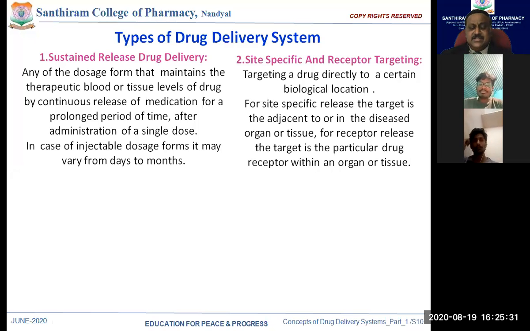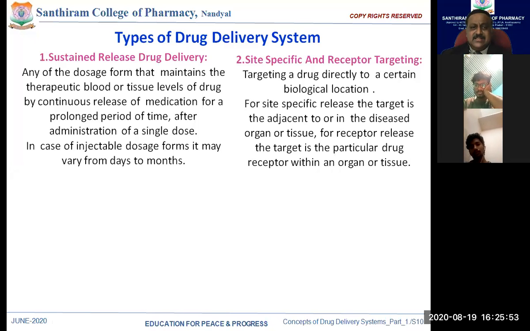The drug will release only when it reaches the small intestine, where there is an enzyme called enterokinase, which has the capacity to break down the coating of an enteric-coated tablet, for instance, right?